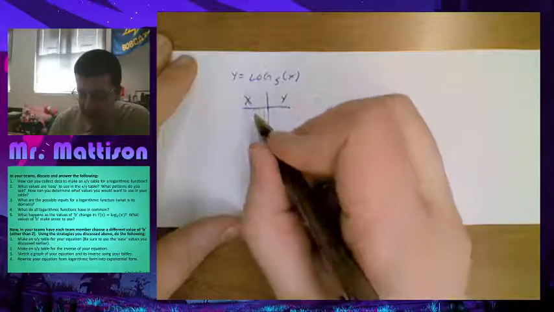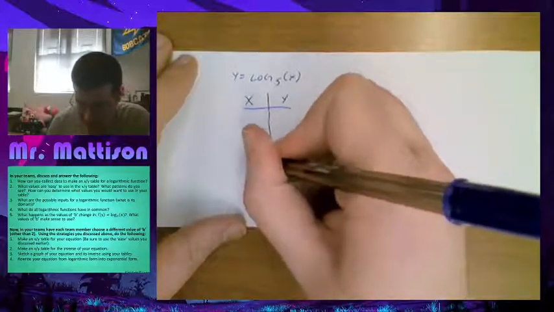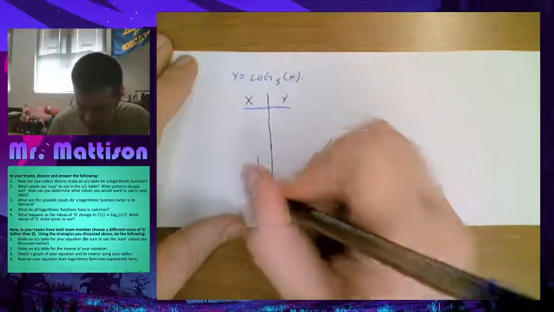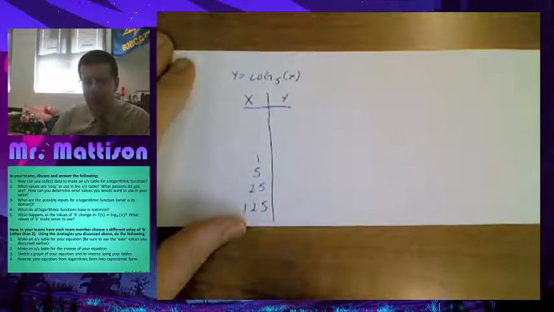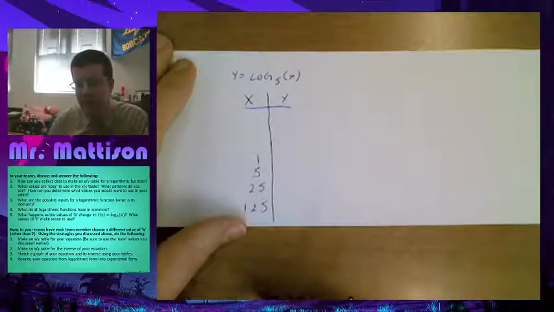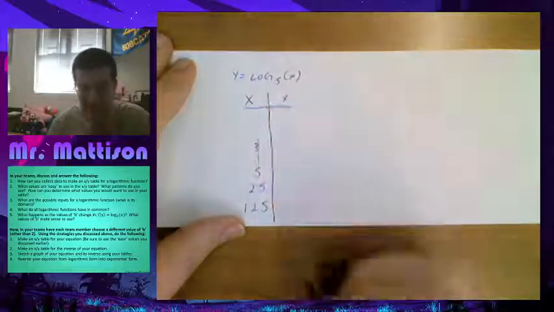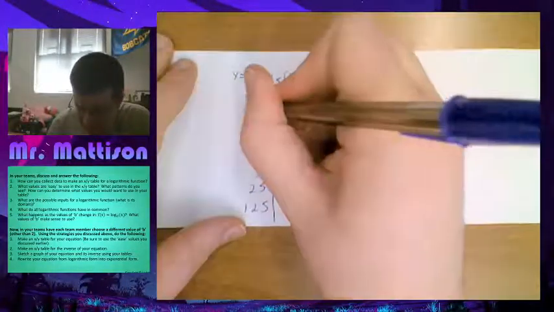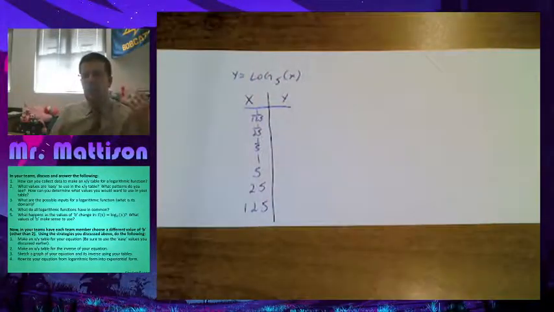So easy ones would be like 5, 1. I could do 25. I could do 125. And I could keep on going that way, but I do want to go in the fraction direction too. So I know that 1/5 works out well. That's 5 raised to the -1 power. I can also do 1/25 and also 1/125. So I had those be my x's.